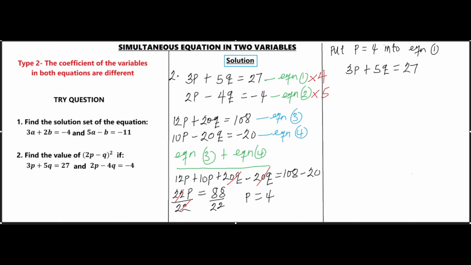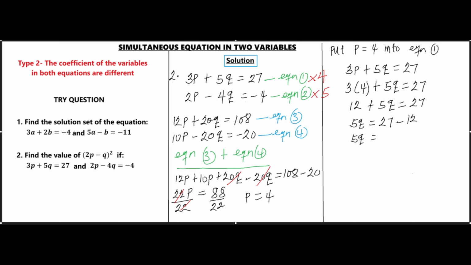Remember, we are doing substitution. P is equal to 4. So we have 3 bracket open 4 plus 5q. This equal to 27. 3 times 4, we have 12, and then plus 5q. This equal to 27. So we have 5q equal to 27 minus 12. So 5q is equal to 27 minus 12.